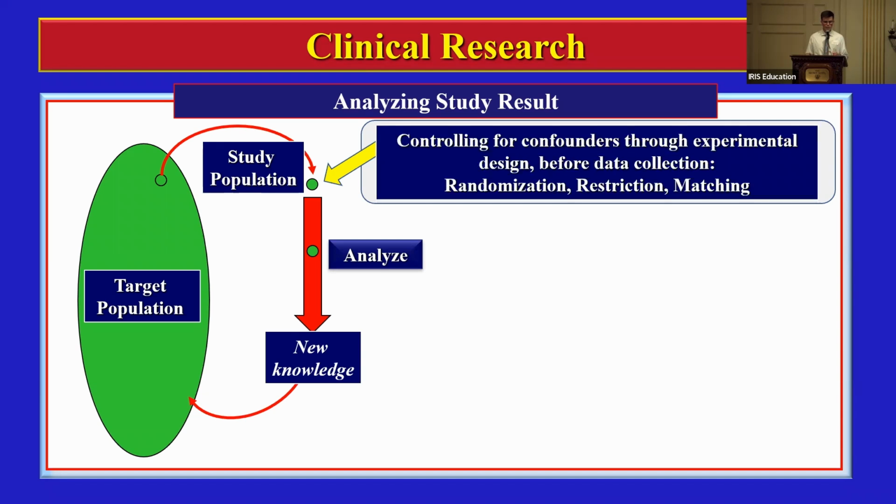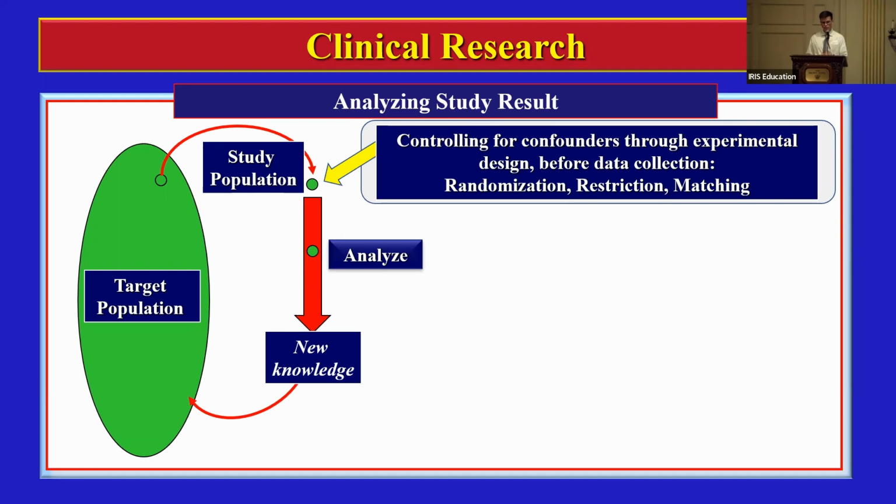This is going to occur through experimental design and before we have actually collected any data. The main methods here are randomization, restriction, and matching, and we'll discuss these in more detail. But just know that those occur during the study design.